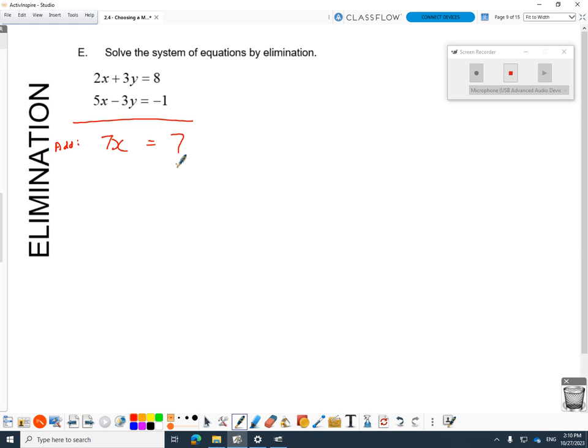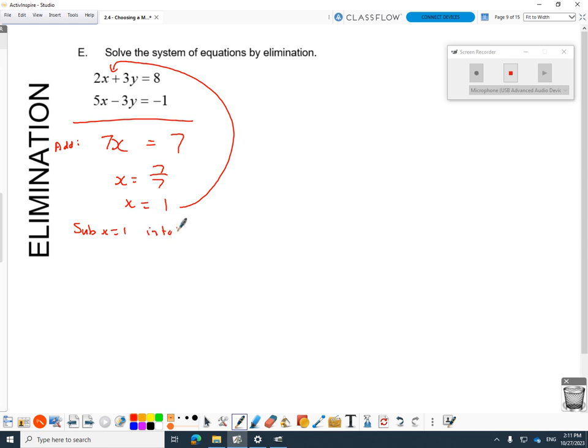When that happens, I like that. That's nice and easy. I got to do the opposite of multiplying by 7 to get the x. So that's a little tiny bit of work. But compare that to the ones we were just doing that had like 11 and 12 lines of algebra. This is nice. One extra thing, put the x equals 1 back into, I'm going to sub it into the first one.